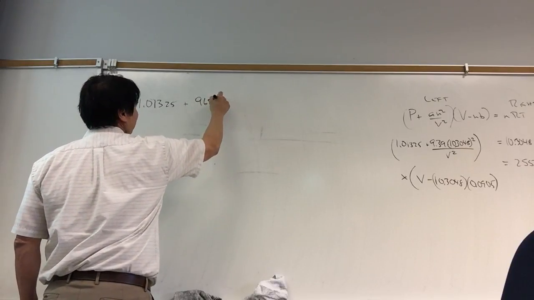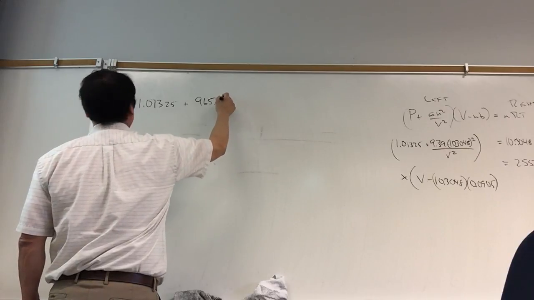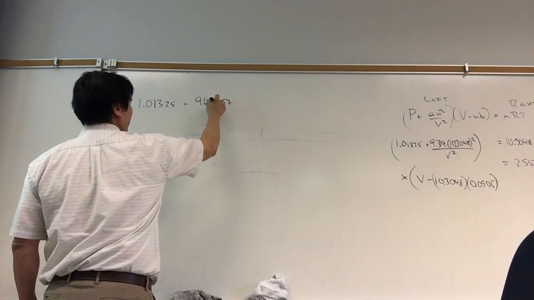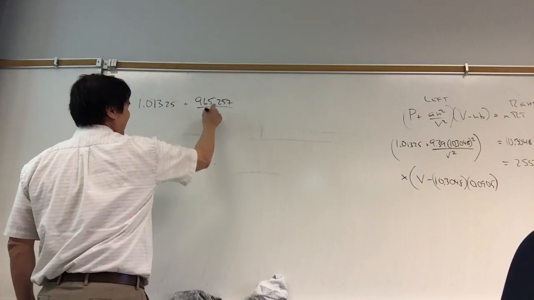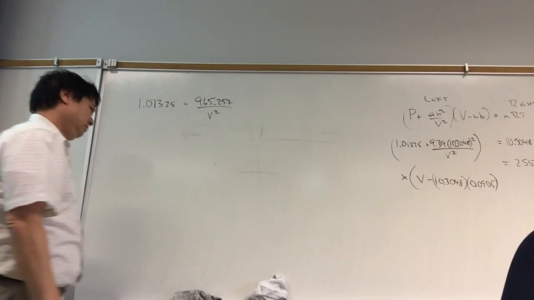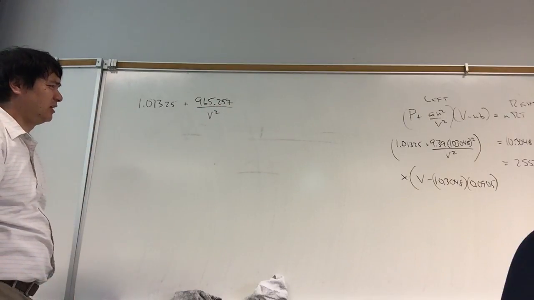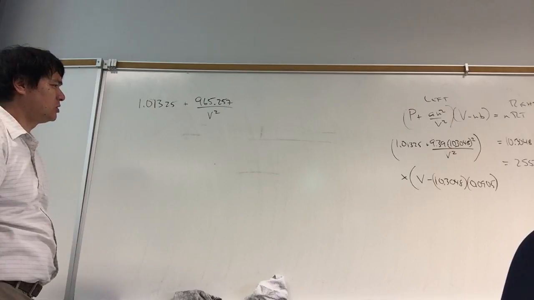I got 965.257. The more digits we have, the more we're going to be punching into the calculator, so sometimes we'll try to limit it, not carry so many digits.